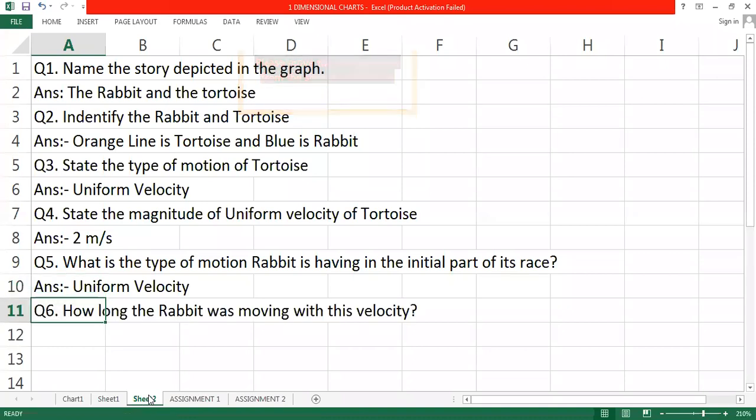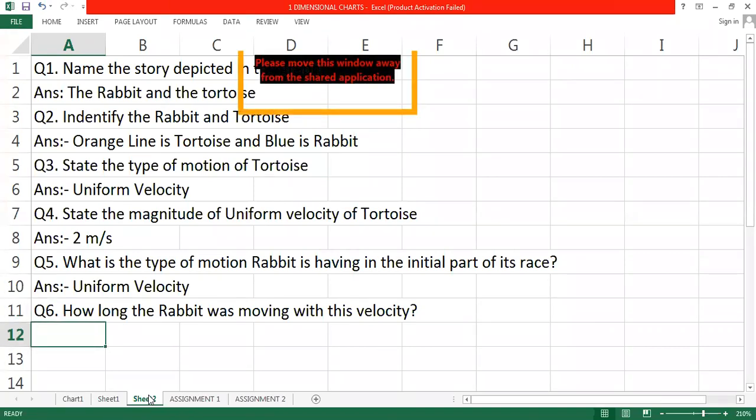Now write down. The next question is how long the rabbit was moving with this uniform velocity. You said the rabbit initially is having a uniform velocity. So say how long the rabbit was moving with this uniform velocity. Very good. What you are doing? You are observing the x coordinates. Look at the x coordinates and you will find.